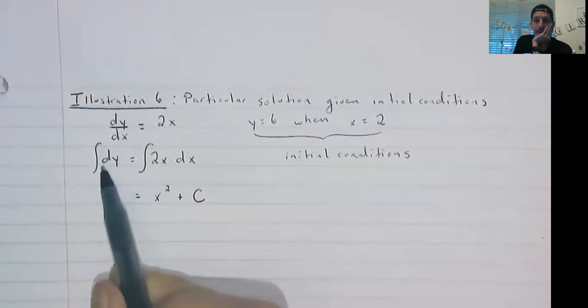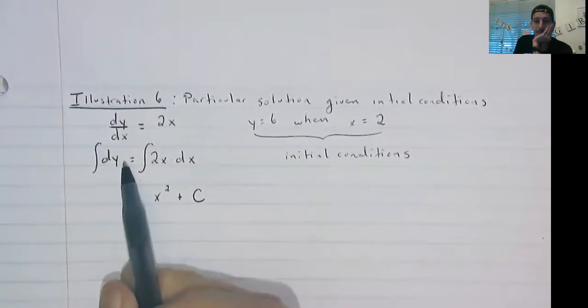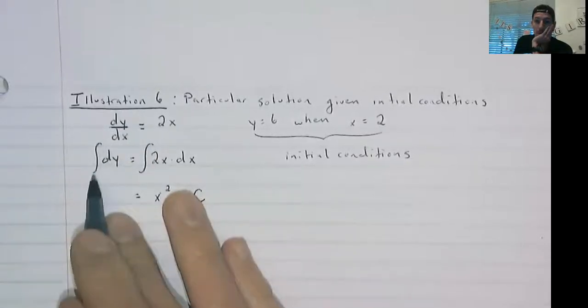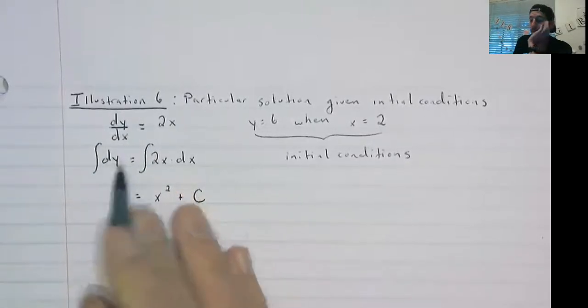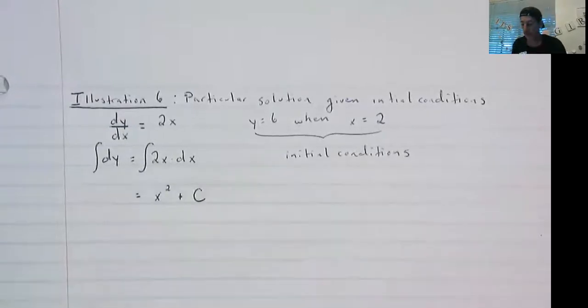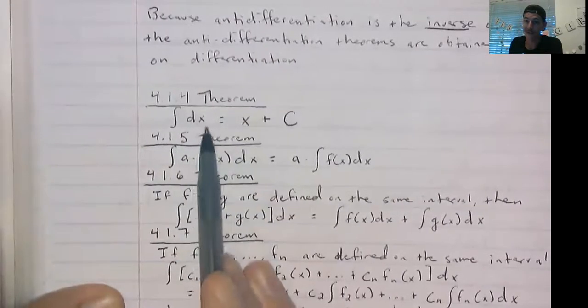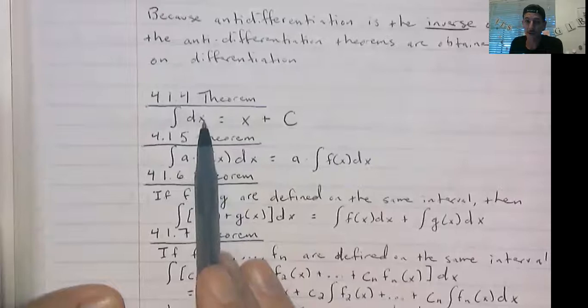What is the antiderivative of dy? It's really just the antiderivative of 1. But now with this y, this is a direct application of that theorem that we saw. In this case it was x. So it stands to reason that if this is a dy, this antiderivative is just y.